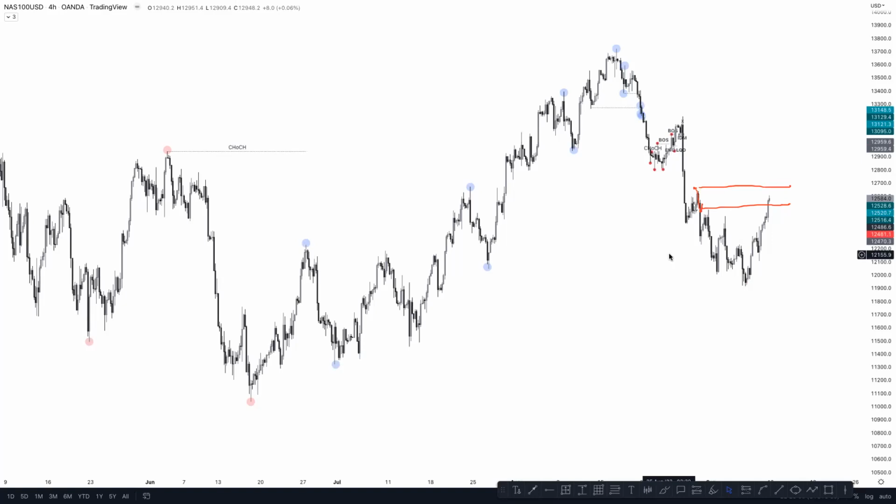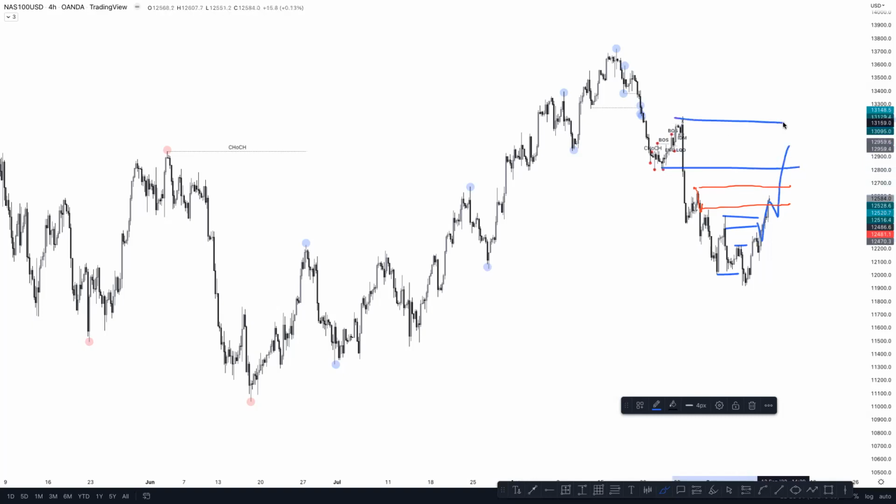Actually, if you can see into the downside, the market broke this low, took out the inducement, and probably was looking here for a sell, but the market respected it and went higher. So the market can go even higher to fill this order flow, which one is here, right?